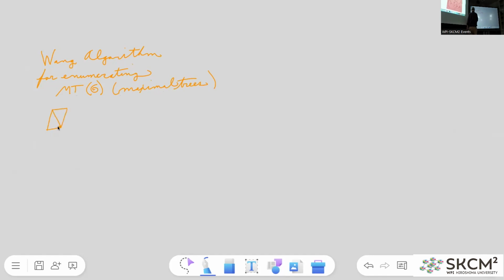Let's say this is our graph. 1, label the edges. 2, for each vertex, for each node, write the sum of the edges incident to the node.